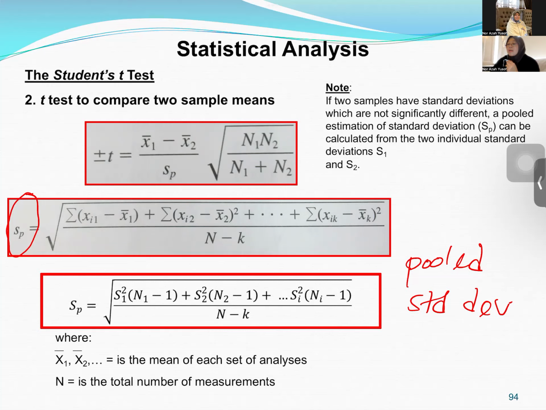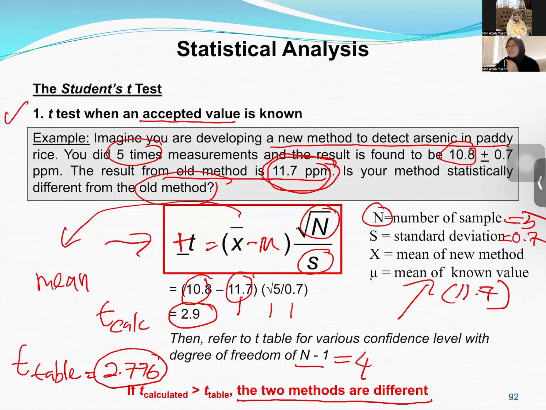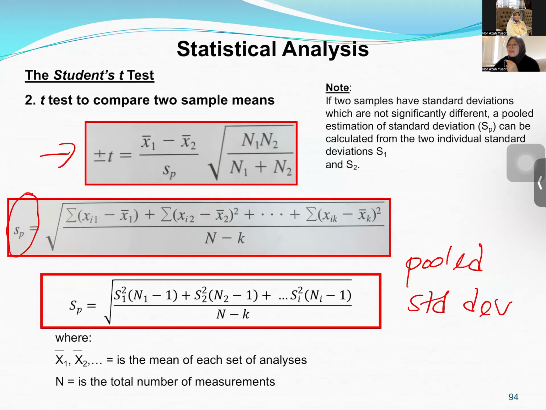Right, so this is the T formula. The first one is quite easy: T is x bar minus mu, the true value, times the square root of n, divided by s. Now we have two sets of data, so we have the mean of the first set and the mean of the second set.